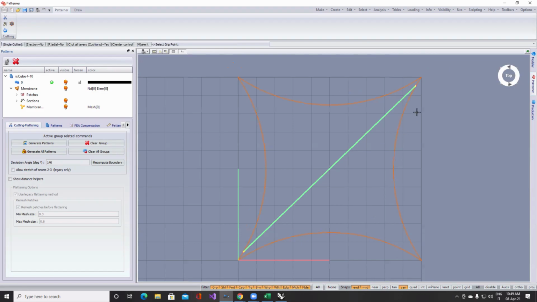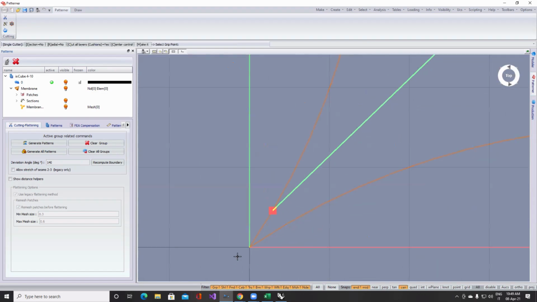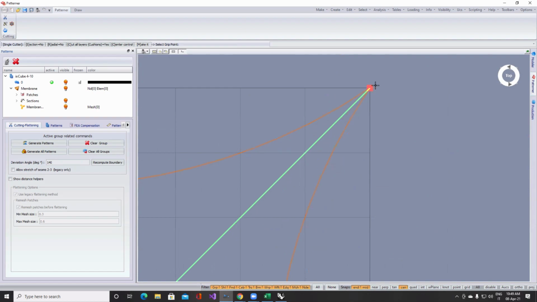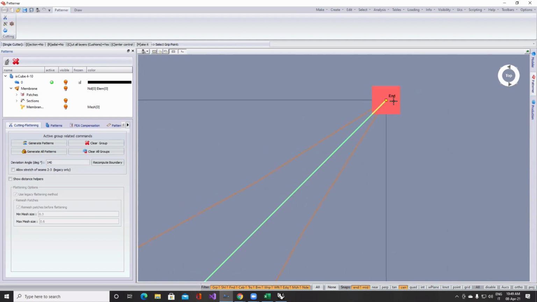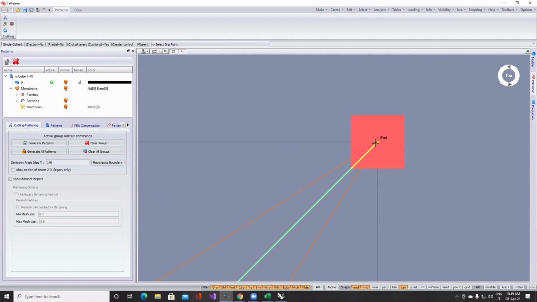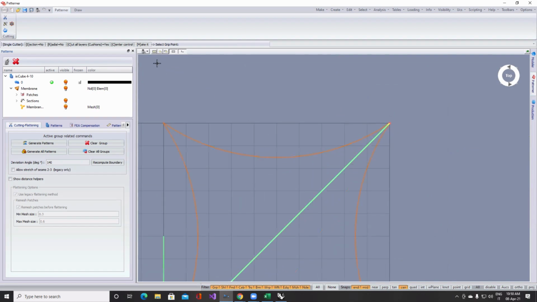A single cutter shows this line here, and we can click on the endpoint and move the line like this. And clearly we can snap only to the edges of the boundary. See how I move it? When I move it, the line moves on the edges of the boundary. So we place it where we want to place a cut.